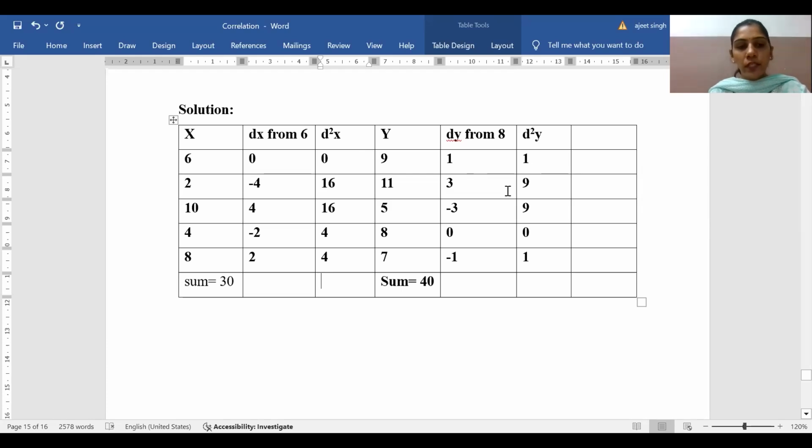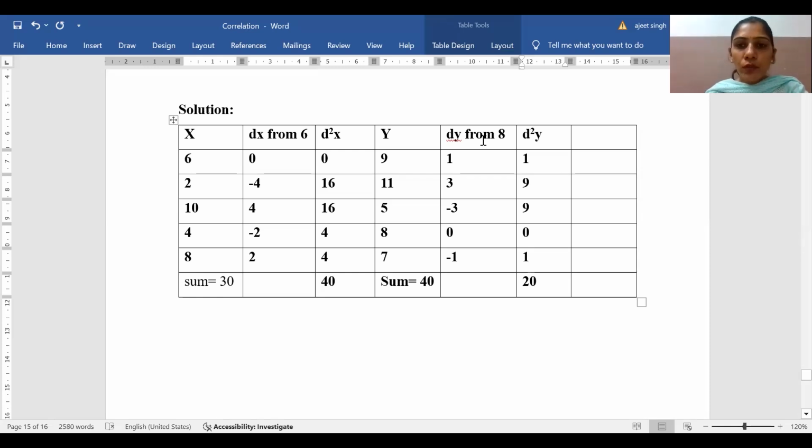So let's calculate 16 plus 16 plus 4 plus 4. Okay, so this is 40. And the total of d square y is 20.